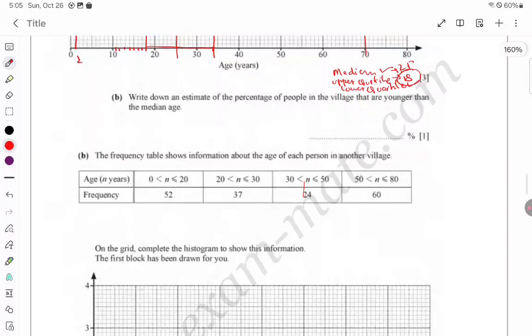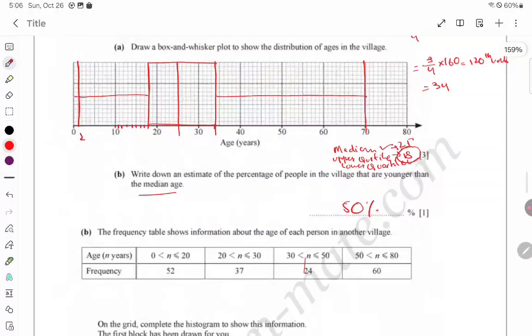Now we can write down an estimate of the percentage of people in the village that are younger than the median age. For that, the upper value is 70 and the lower value is 1. So we can say that the median is at 50% because younger than the median age.